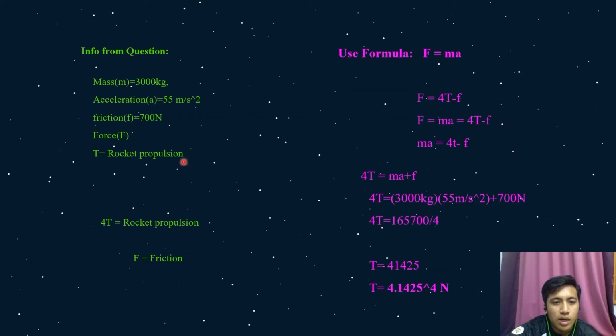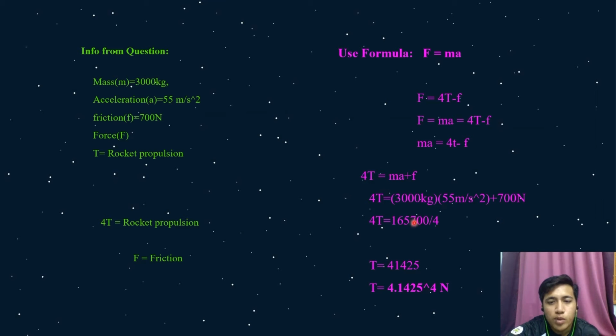For the rocket propulsion, we have 4T. We use the formula F equals ma, where F equals 4T minus F, so we substitute F with ma, so ma equals 4T minus F. We arrange the equation, so we get 4T equals ma plus F.